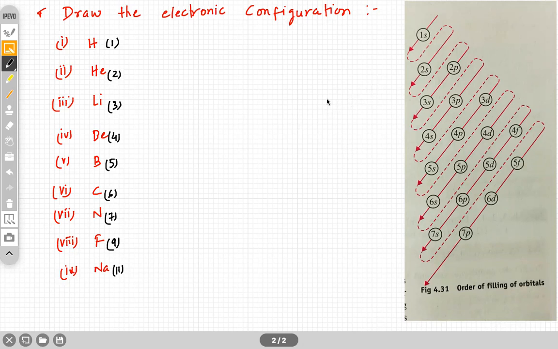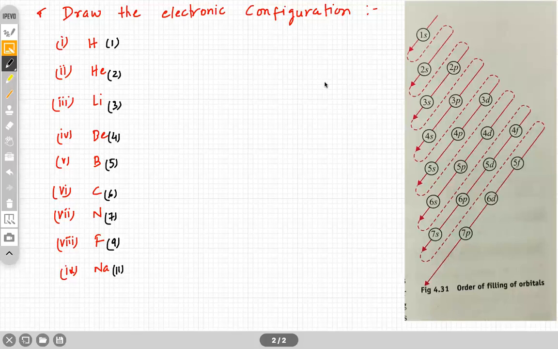So electronic configuration, we discussed last class, is the distribution of electrons in the orbitals, right? An electron fills into the orbital according to the energy of the orbital, from lower energy to higher energy. One orbital can have maximum 2 electrons.